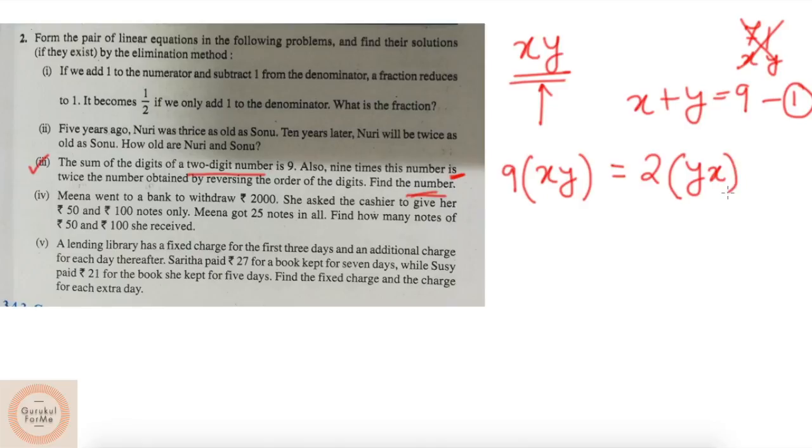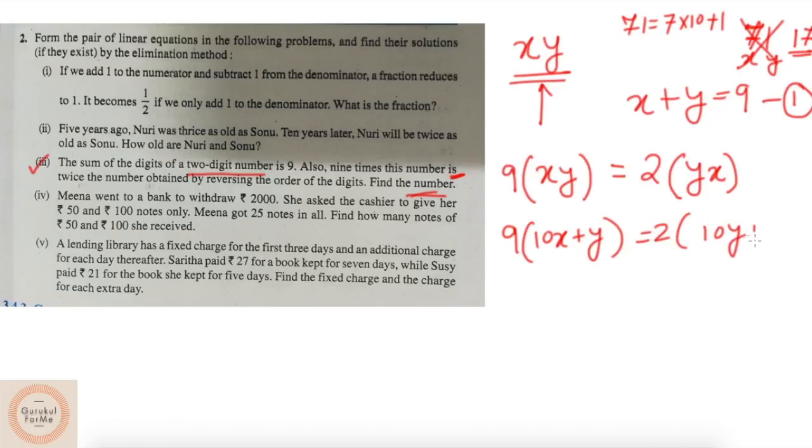What is reversing the order? YX. For example, if we took hypothetically 71, the reverse becomes 17. So what is 71? Just an example. It is 7 into 10 plus 1. So similarly, can we say that this is 10x plus y and this is 2 into 10y plus x? Why? Because this is units place, tens place. This is units place, tens place.